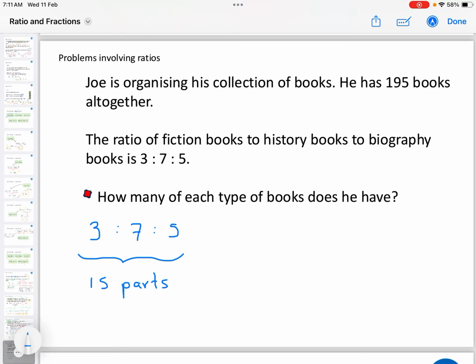That's the total amount of parts, 3 to 7 to 5. And we know that we have 195 books. So if we divide 195 books into 15 equal parts, then the answer is 13 books per part.